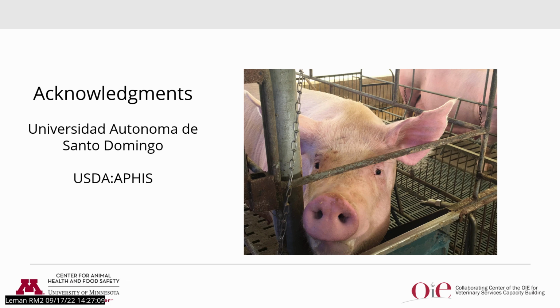Thank you. So we have these three components: the evaluation of biosecurity in the farm, syndromic surveillance or clinical signs in the farm, and the third one will be the findings of necropsy. So we made a list of different factors that, based on the information that we got from the three reference laboratories and from the field, would be the factors that may increase the risk of having a hemorrhagic fever outbreak.